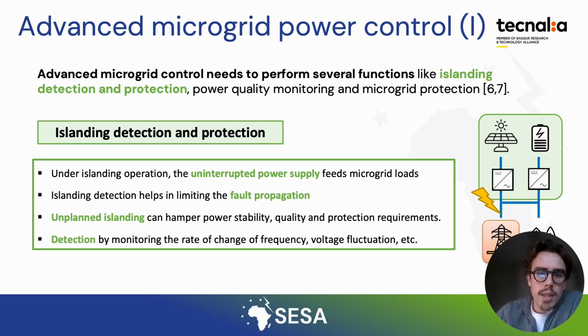Many times unplanned islanding situations happen, so this can hamper the power stability and quality, and can modify the protection requirements. Some ways to detect these unplanned islanding situations can be to monitor the rate of change of frequency, the voltage fluctuations, and the phase changes.